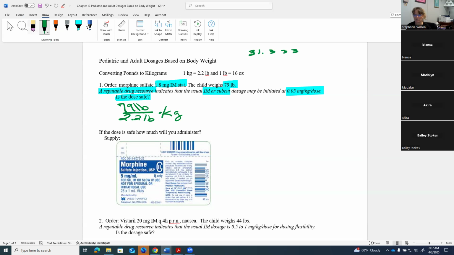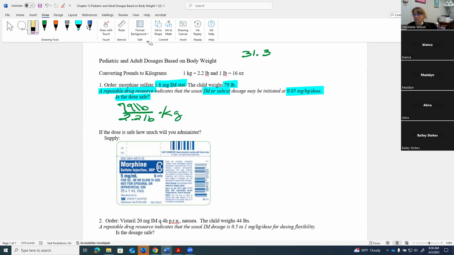We don't want to round too soon because we are talking about what's safe for this patient. However, if you are literally just asked how much this patient weighs in kilograms, we know we round to the nearest tenths.